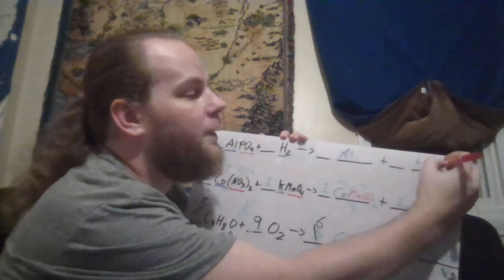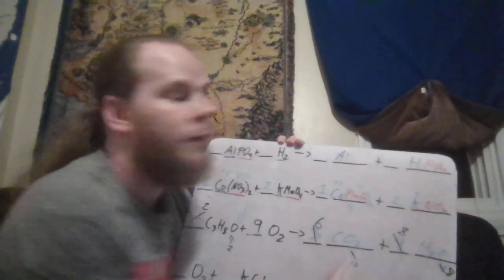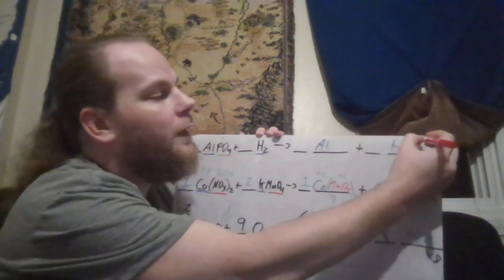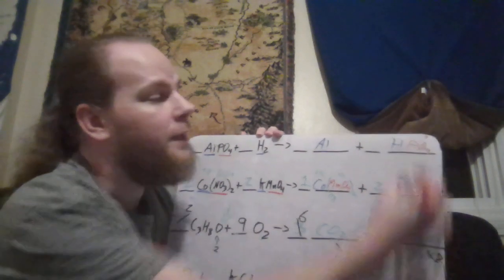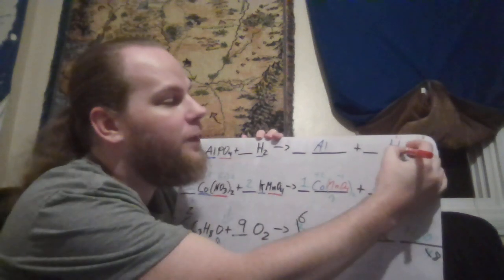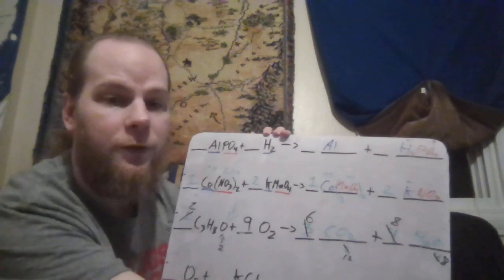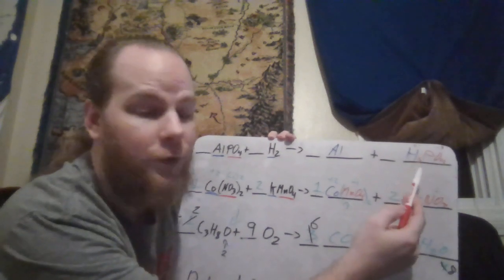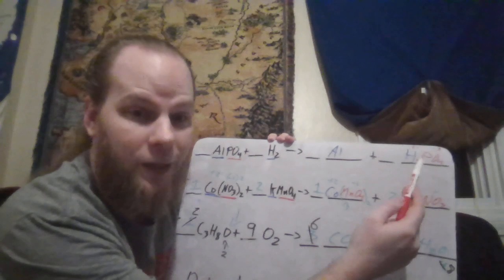So PO4 goes over here. Now, PO4, phosphate, has a charge of -3. Hydrogen has a charge of +1. So we need a 3 here to charge balance. And if you don't do that, this is not going to be an easy thing to balance.